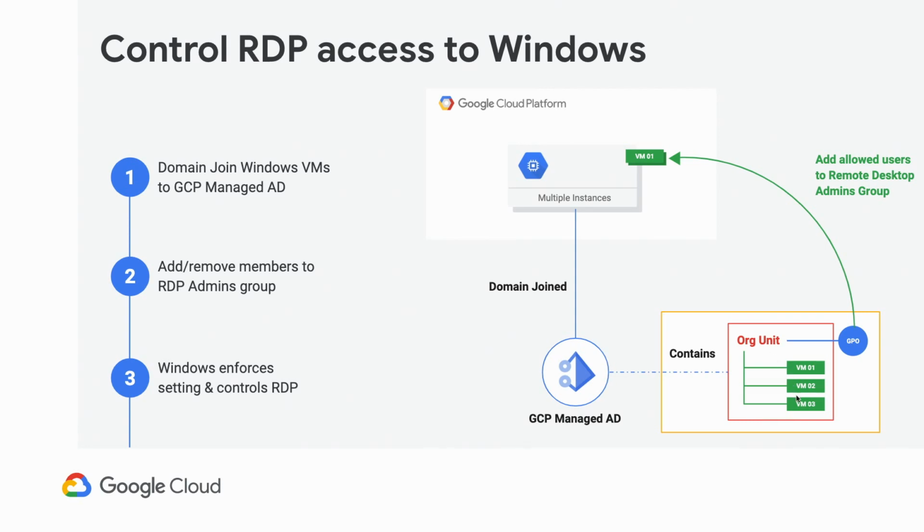Now, as these VMs are coming up all in this one OU, we have pre-created a group policy object that applies to that organizational unit. And the GPO is set up such that only the users who are a member of a specific type of group are the ones who can remote desktop into your infrastructure that's domain joined to this managed AD domain.